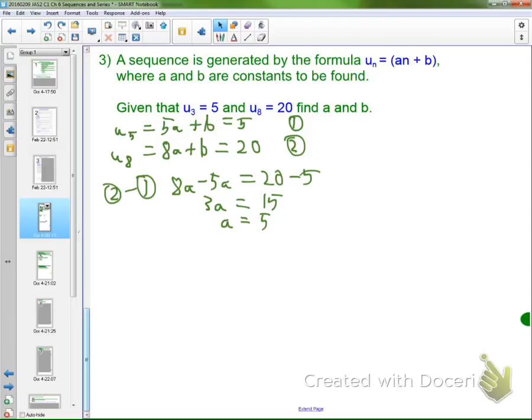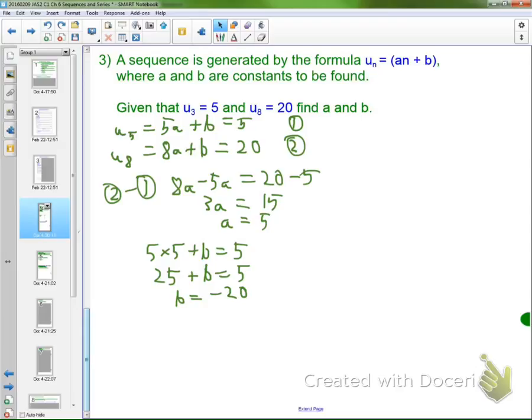So let's go with equation 1. So 5 times 5 plus b equals 5. So then 25 plus b is equal to 5. So then b is equal to negative 20. So we now know our values of a and b, and we're done with this question.